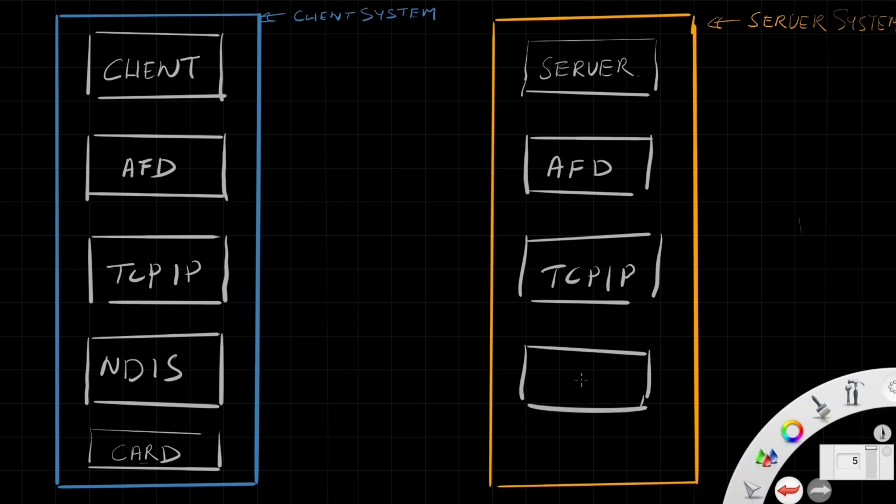So these names, especially AFD and NDIS, will change in different operating systems, just a name change, but it does pretty much exactly the same thing. You need to have code written by someone to do these things. It doesn't matter whatever name they call it. Especially AFD and NDIS are very Windows specific.